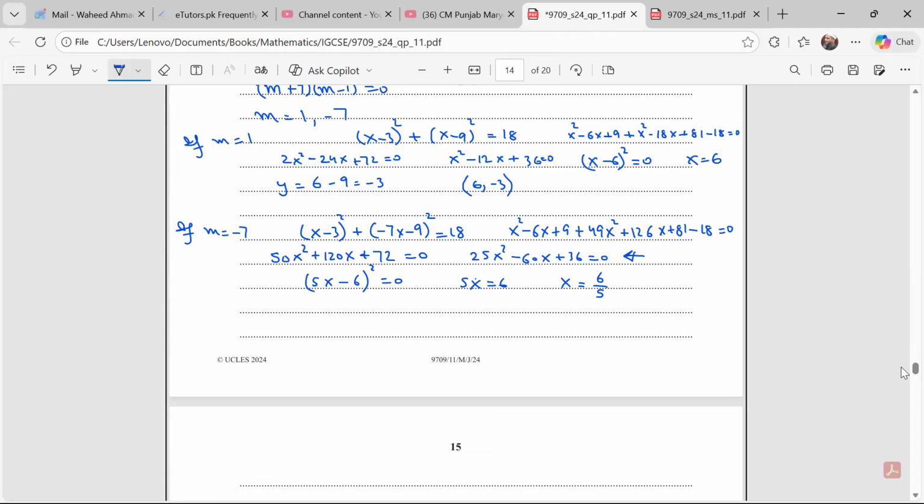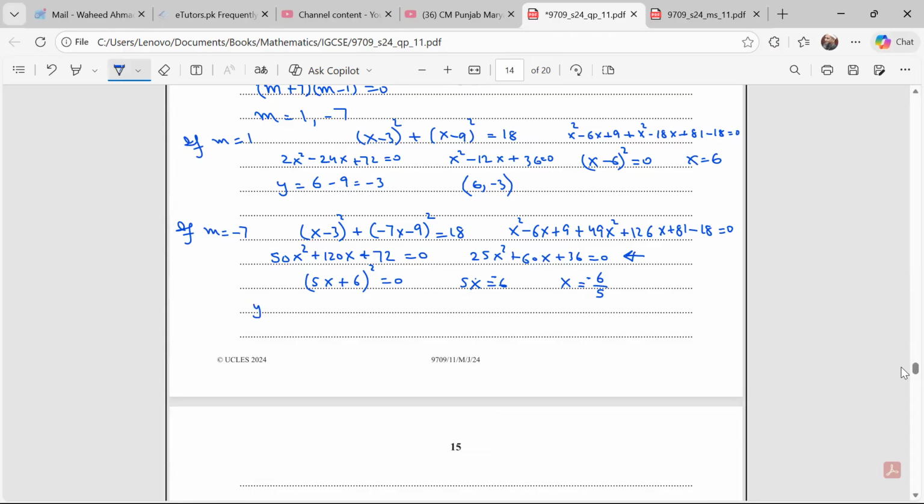One second. Sorry, this was plus 120, so it is going to be plus here, and my solution is negative here. It is negative 6 by 5. So this is the value of x, and now I can find the value of y by substituting it in this equation.